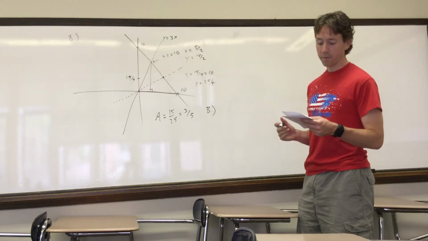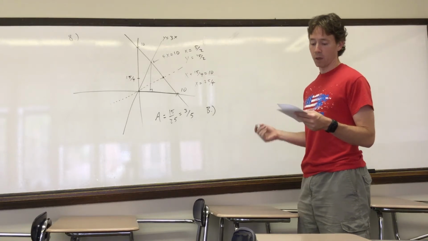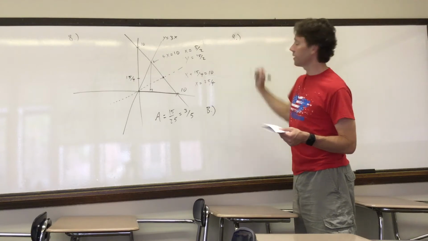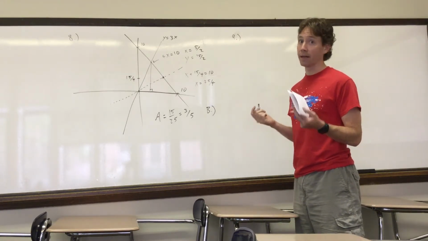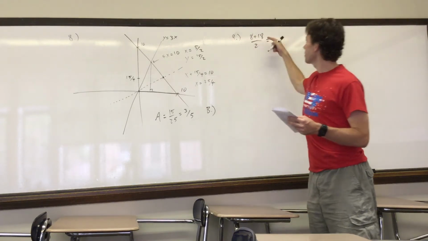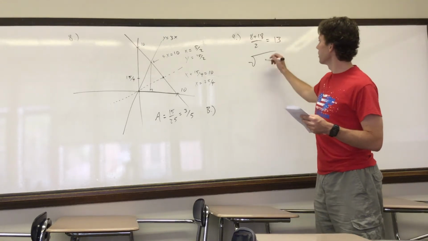Question 9, the arithmetic mean of 8 and 18 exceeds the geometric mean of these numbers by what? So yeah, it's basically a vocab question with a little bit of calculation. The arithmetic mean of 8 and 18, that's the regular mean. So 8 plus 18 over 2, that's 26 over 2 is 13. The geometric mean is the square root of the product.